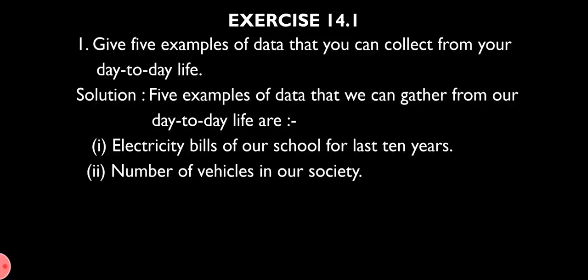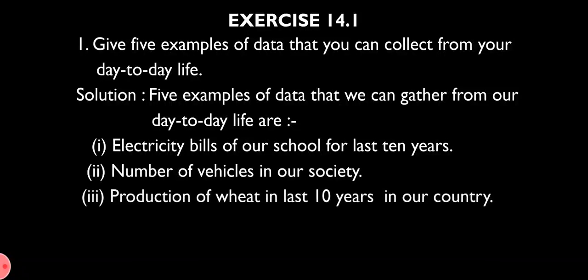We can collect the information of the number of vehicles in our society. So, that is also one kind of data. Third, production of wheat in the last 10 years in our country. What was the production of wheat in the last 10 years? That also we can collect the information of. So, it is also data.